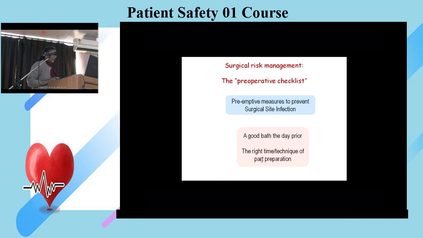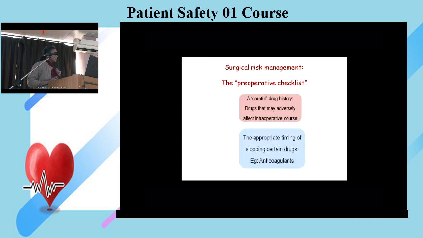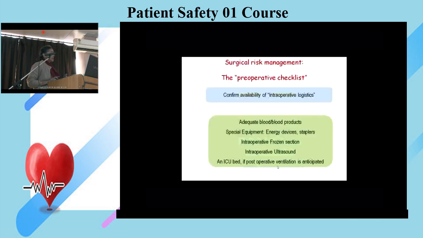Take a careful drug history, especially of drugs that will adversely affect the intraoperative course, particularly the anticoagulants, where you will need help of Dr. Aditya and Dr. Puneet. Confirm availability of intraoperative logistics, whether you have the right blood group available in the blood bank, whether the patient has a rare blood group, you need to reserve the blood beforehand. Special equipment that will be specific for the surgery.